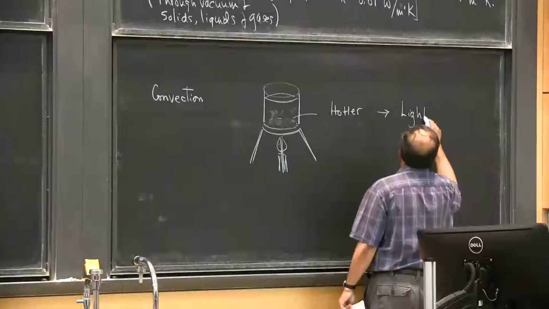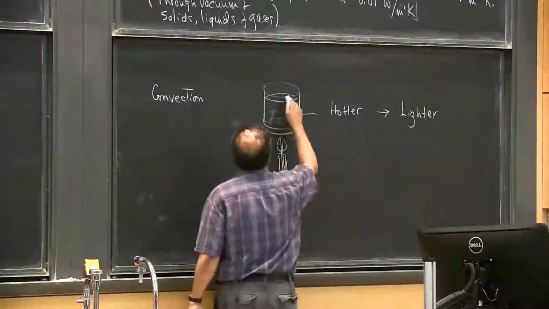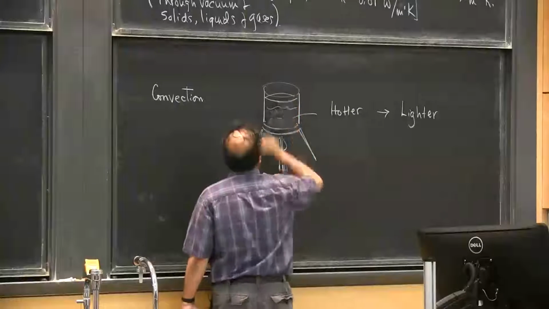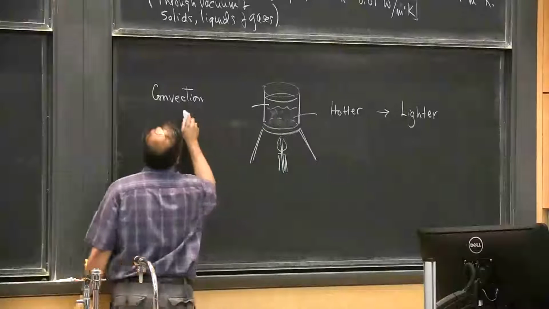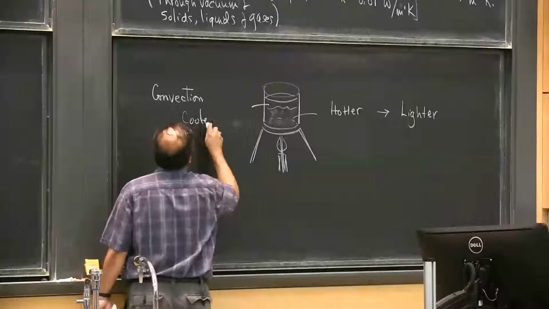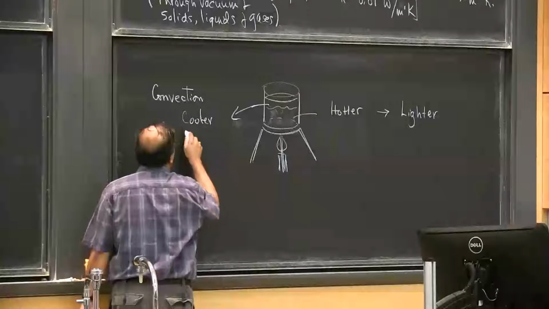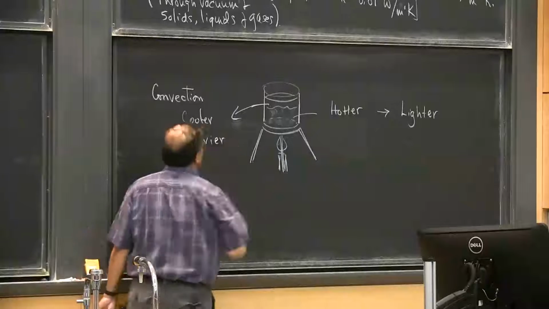So being hotter means it becomes lighter. But lighter than what? Lighter than stuff that's sitting in the upper layers, if you will, because that's more removed from the heat. So this one will be cooler. So the upper layer would be cooler and hence heavier than the hotter layer below.